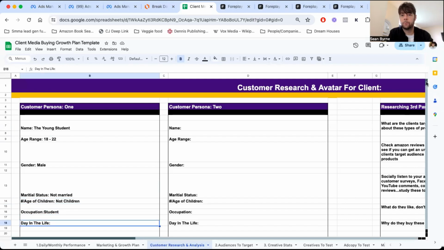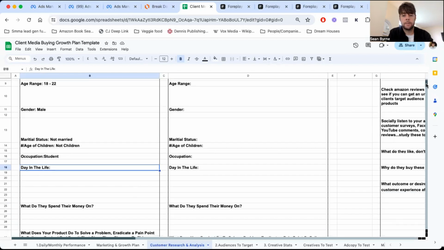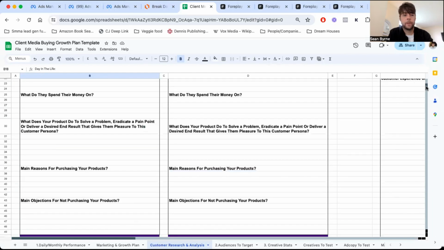We find out what they do and what they spend their money on. And what does your product do to solve a problem or eradicate a pain point for this persona? Main reasons for purchasing your products. These are things we have to fill out ourselves to get a good understanding of who we're dealing with.